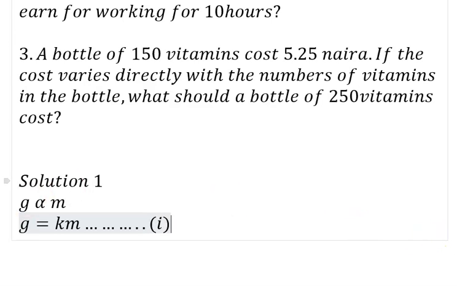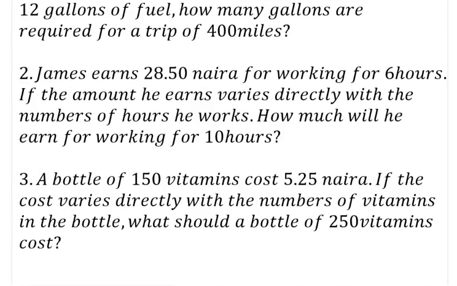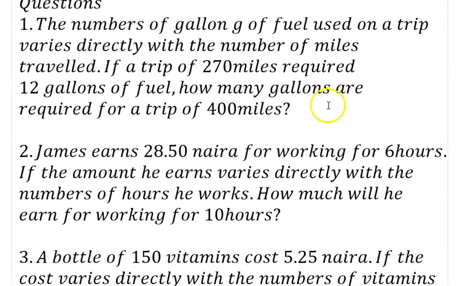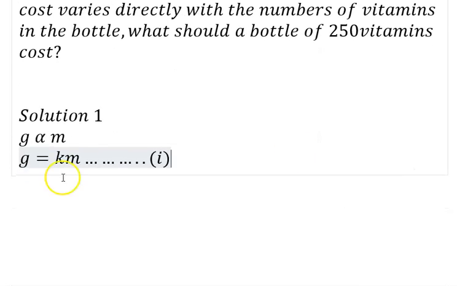Beautiful. Now, the question is saying what? Let's check. If a trip of 270 miles, our M is the miles, requires 12 gallons of fuel, that means this information, because we are going to look for the value of k.